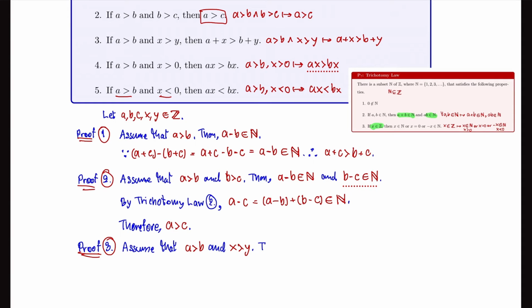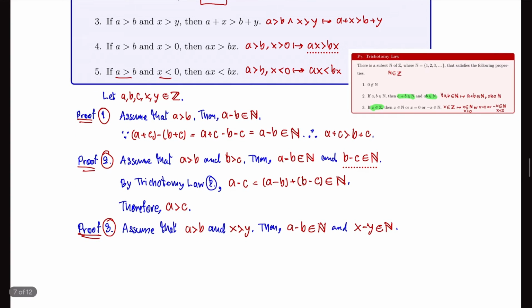Okay, then what do we have? We have a minus b is in the set of natural numbers, and x minus y is in the set of natural numbers. Okay, and then what can we do? We have these two natural numbers.